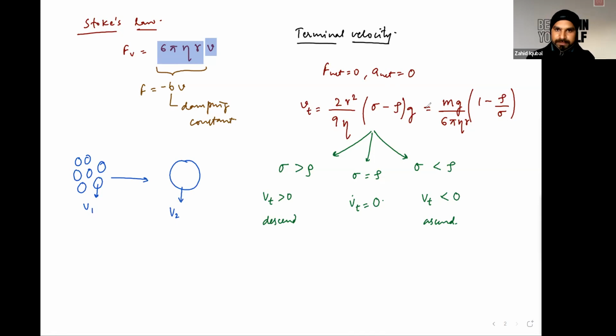From this expression, eta, rho, sigma, gravity, these should all be constant. So it mainly depends upon radius. So we can say v1 by v2 is equal to r1 by r2 whole square. Just equate the volumes of these two different bodies and you will get r2 in terms of r1. So on solving, you will get v2 is equal to n to the power 2 by 3 times v1.